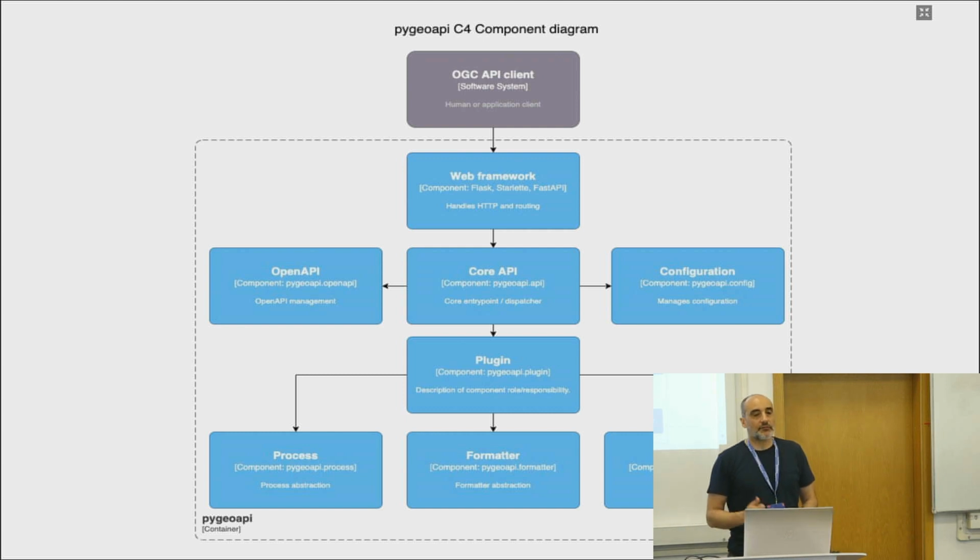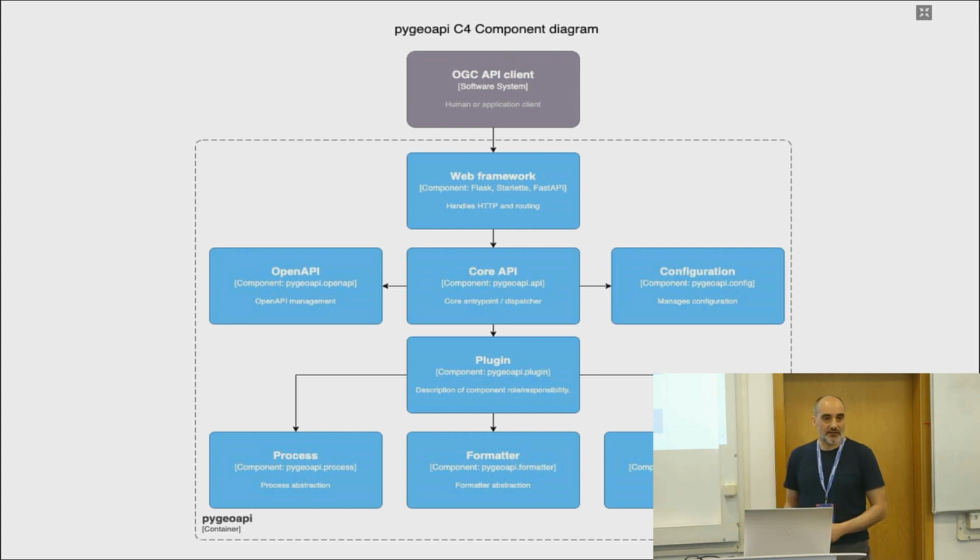We support Flask as the default framework for APIs in Python, but we also offer the possibility to build the OGC API capabilities around Starlette and Django. And since we are supporting Starlette, we are able to support FastAPI applications, which is one of the most used frameworks right now.